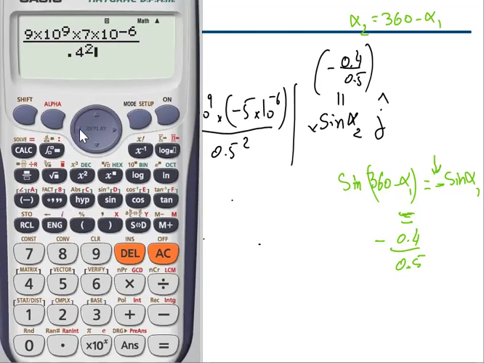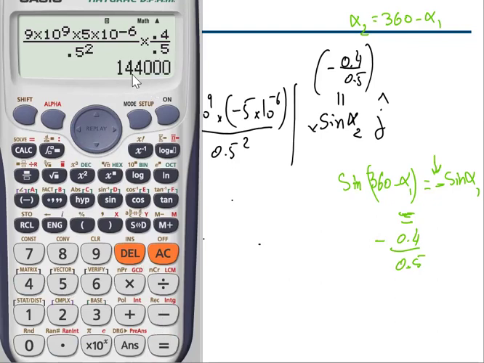Plus, instead of 7 we will write 5, and we will multiply by 0.4 over 0.5 with a negative sign.